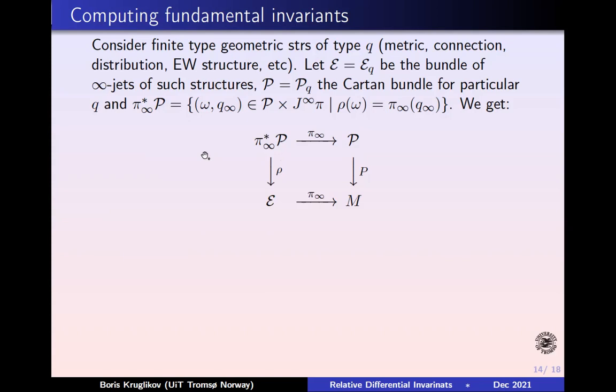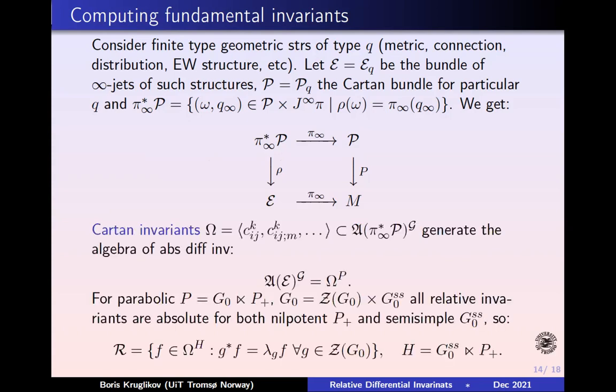The top left corner is just the pullback. Now, what does the Cartan machinery tell you to do? You stay here in P, but actually, if you think carefully, you stay here in the top left corner, because you need to compute not one geometric structure but a generic one, so you have jets of it.